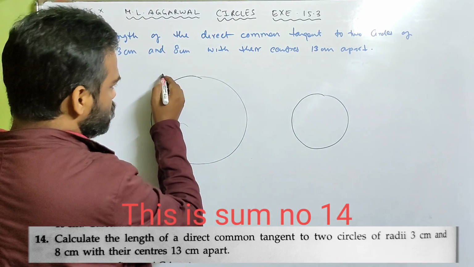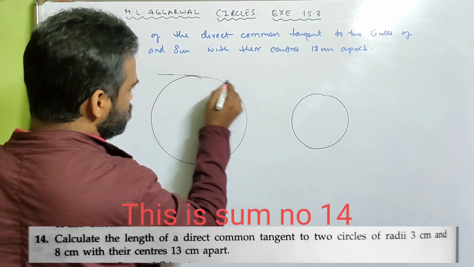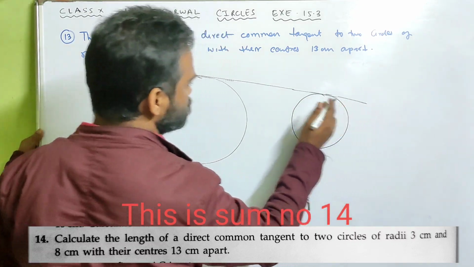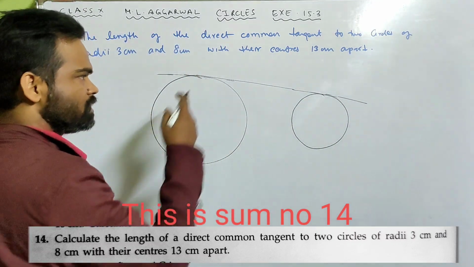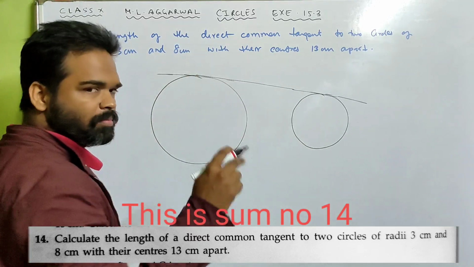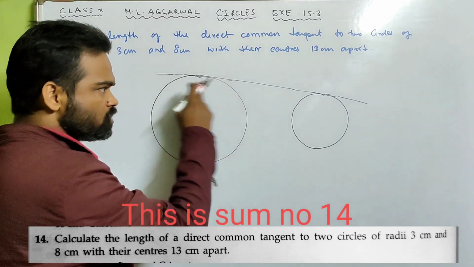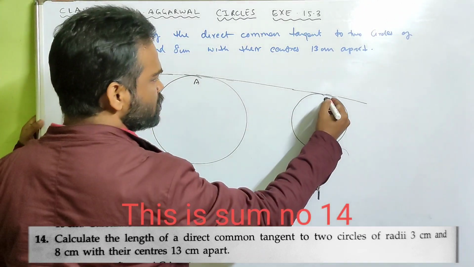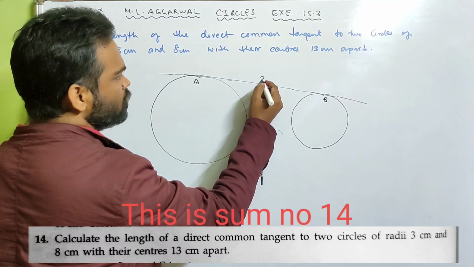Then this tangent which touches both the circles, which means this is a tangent to both the circles, is known as your direct common tangent. And if I draw from this point to this point, that will be my transverse common tangent. This is my direct common tangent. Suppose it touches this circle at A and this at B. So we need to know the length of AB.